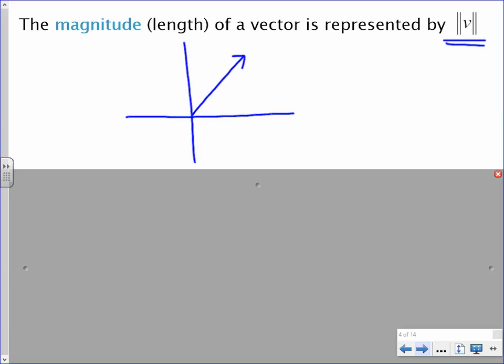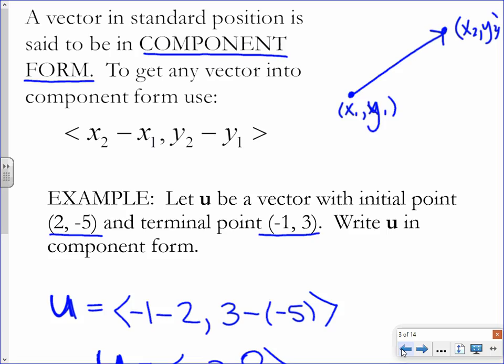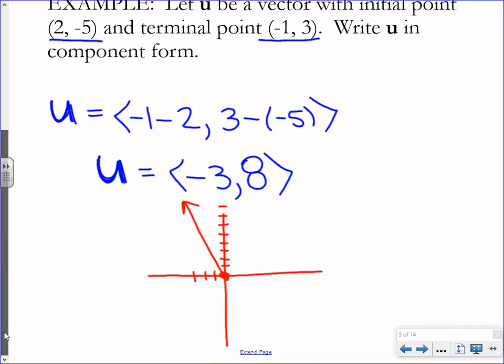Okay, I'm going to draw a vector. And the length of this vector, we call the magnitude of v. Okay, now let's talk about how we plotted that -3, 8 back here. If our vector was -3, 8, we went horizontally 3 and then vertically 8.